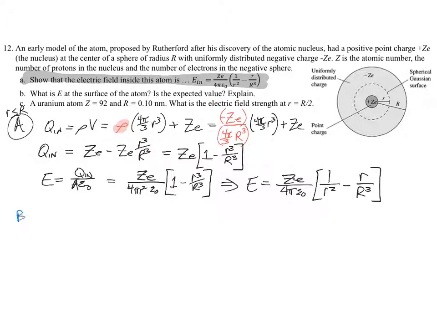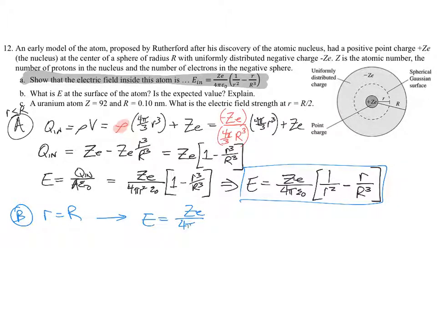Okay. Part B, what is E at the surface of the atom, or when little r equals big R? Well, we're just going to take this and let little r equal big R. And so E will be all of this constant stuff out in front, and we'll have 1 over big R squared minus r over R cubed.